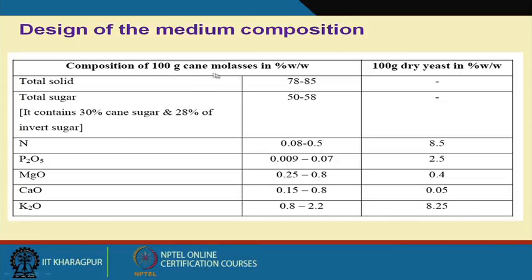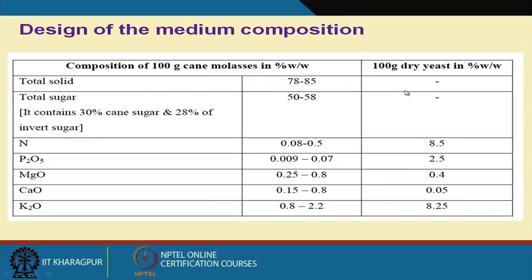So, cane molasses is our major raw material available in India, and the composition is like this: total solid sugar content is 50 to 58%, nitrogen 0.08 to 0.5%, phosphorus as P2O5 0.009 to 0.07%, magnesium oxide 0.25 to 0.8%, calcium oxide 0.15 to 0.8%, and K2O 0.8 to 2.2%.